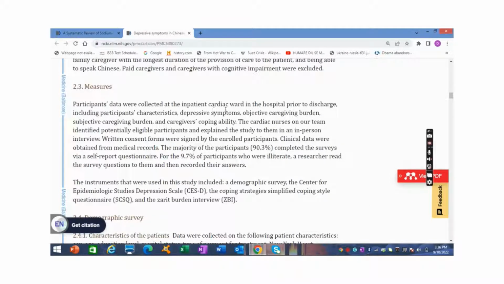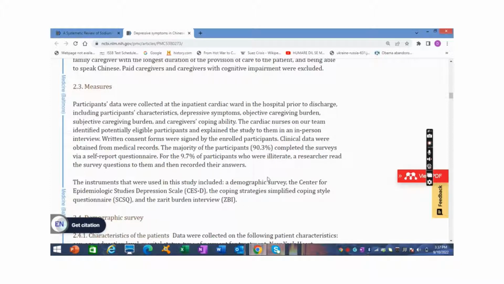Participants' data were collected at the inpatient cardiac ward in the hospital prior to discharge, including characteristics, depressive symptoms, objective caregiving burden, and subjective caregiving burden. The instruments used in the study include a demographic survey. See, I have described that you can take the data in different ways. It says that it collected demographic data through a survey, a questionnaire, and a burden interview.